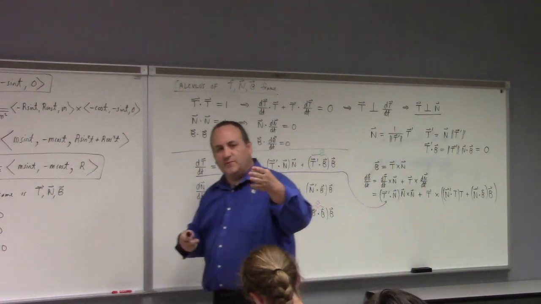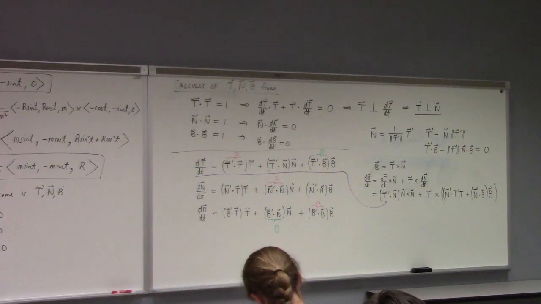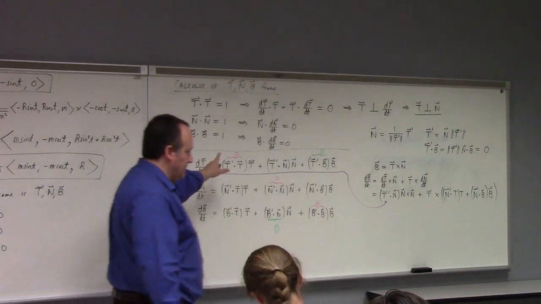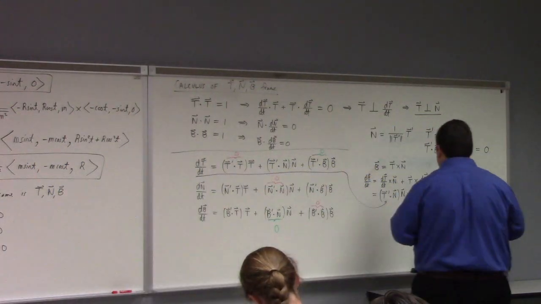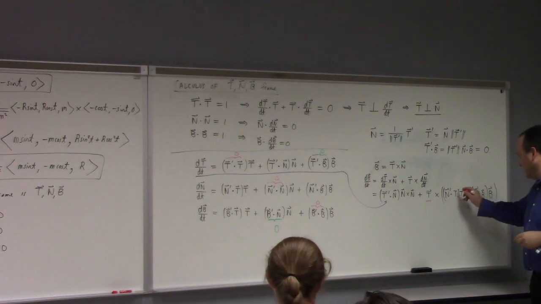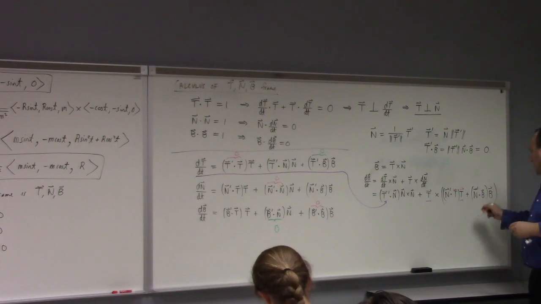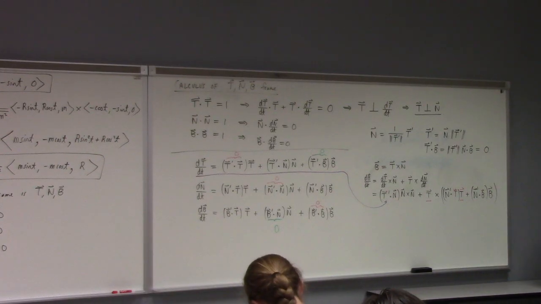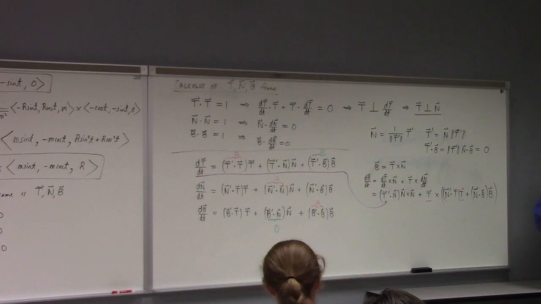On page 109 I'm doing this, but I've introduced constants like C12, C13, C23 that play the role that the dot products have here. Anyway, my point is simply this. What's t cross t? Any vector cross itself is 0, right?